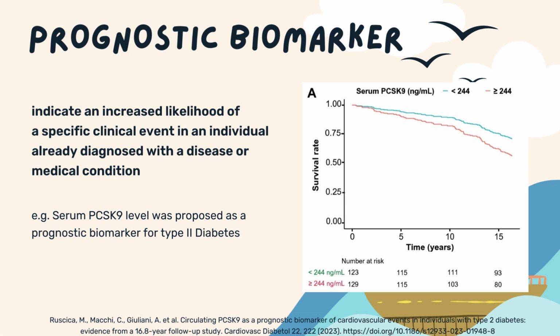Using type 2 diabetes as an example, on the right-hand side, there's a figure from a paper. Within this group of patients, we can see if the level of the serum PCSK9 is high. Here it used 244 nanogram per milliliter as a cutoff. PCSK9, I didn't include a full name here, but it basically would be a kinase.